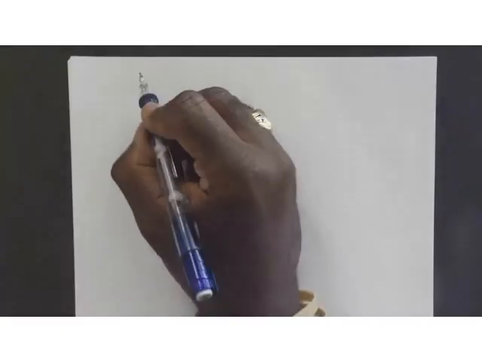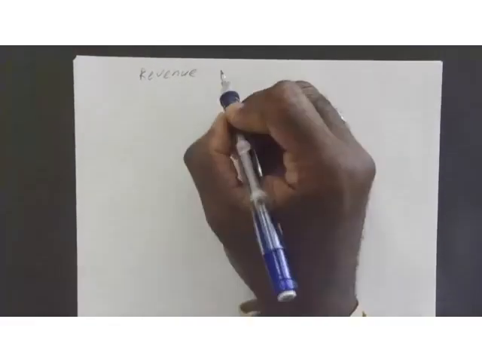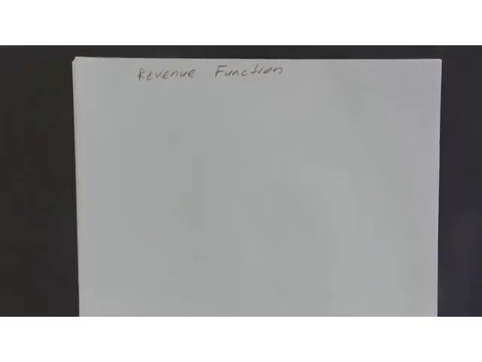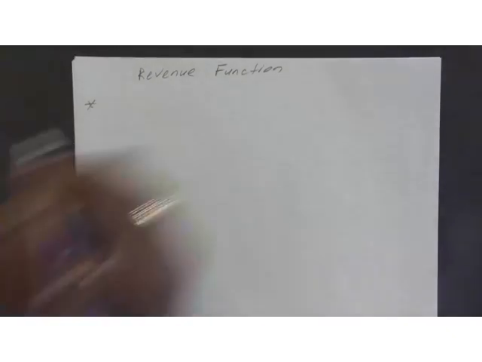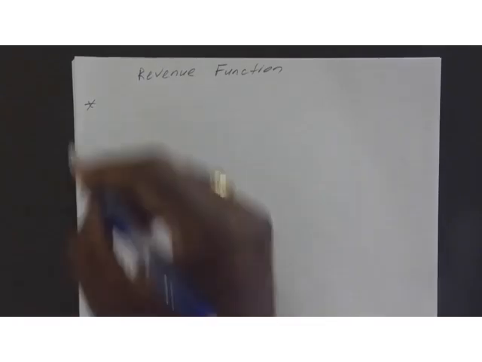Okay, so now we're going to look at the revenue function. Your revenue is just the number of items you sold times the price that you sold it for.